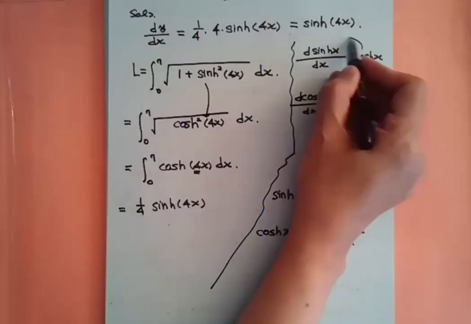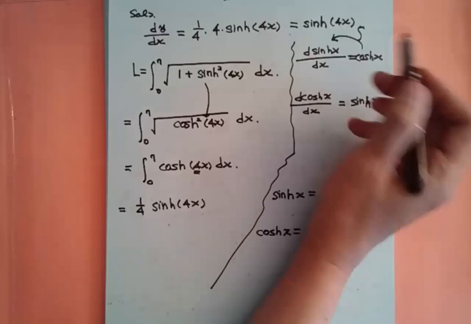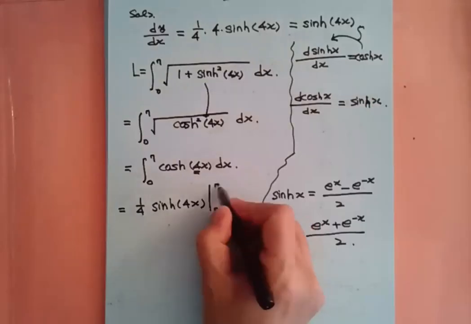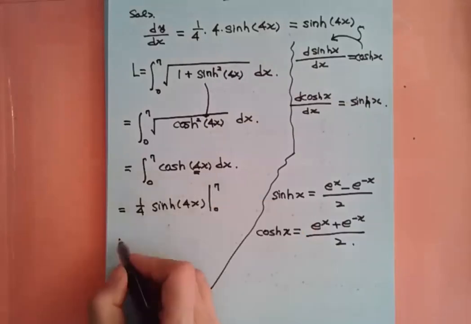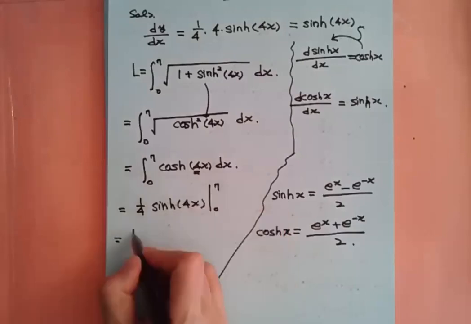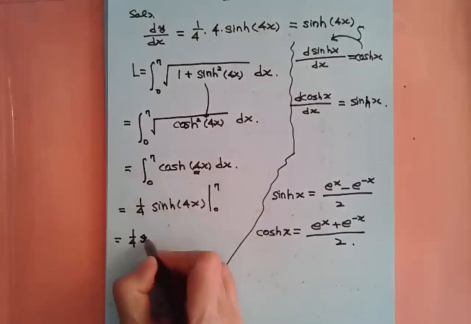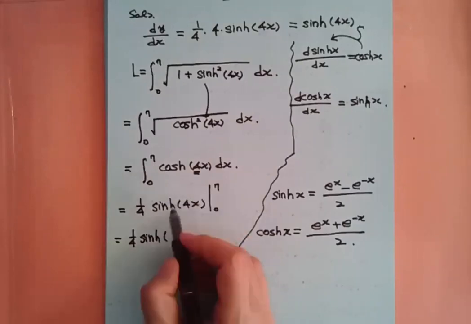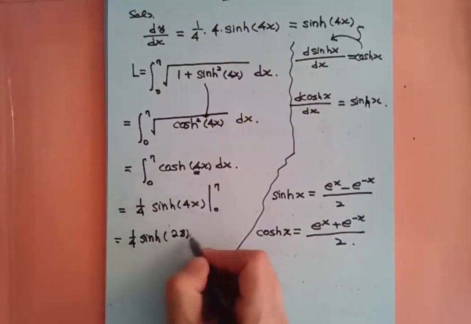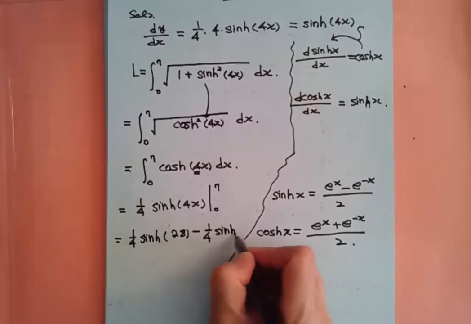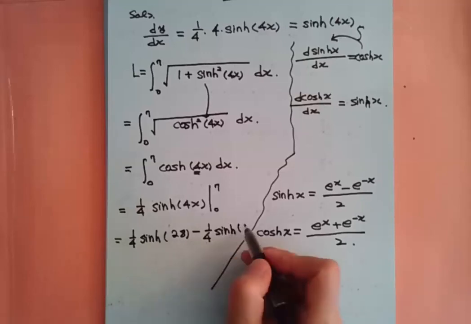And so that is from 0 to 7. Let's plug in here. Then 1 over 4 hyperbolic sine of 4 times 7 will make 28, minus 1 over 4 hyperbolic sine of 4 times 0 is 0.